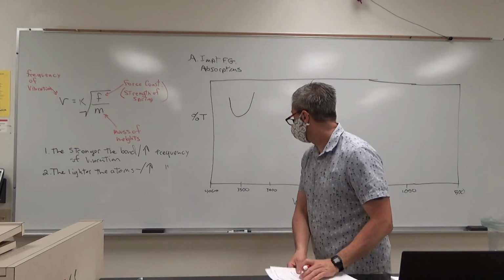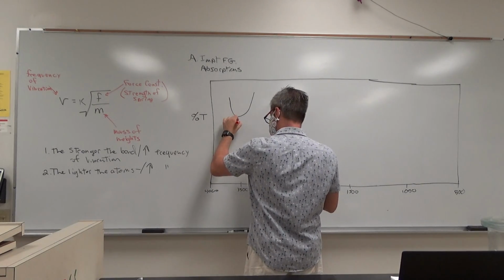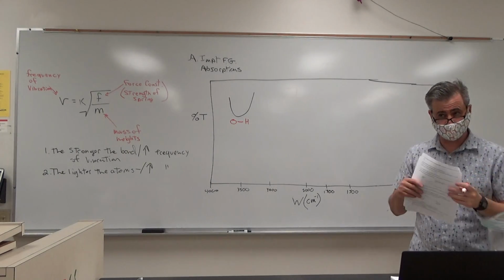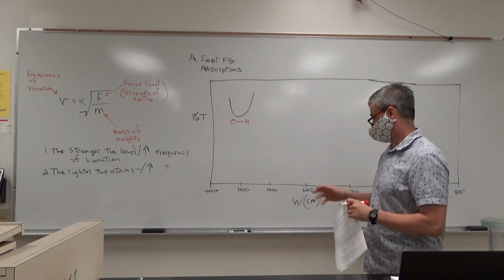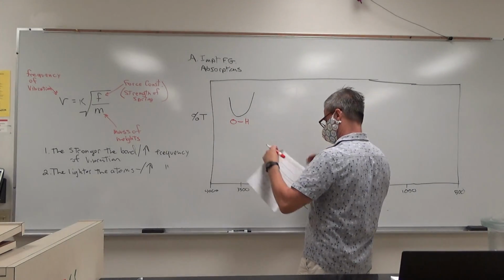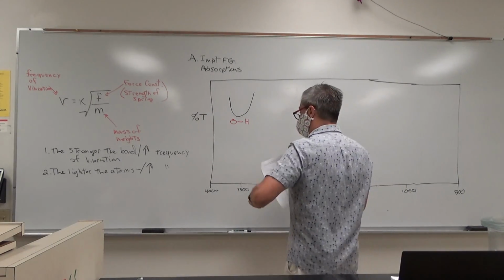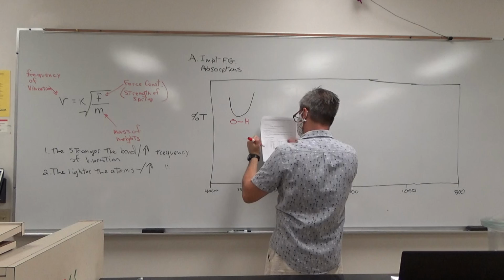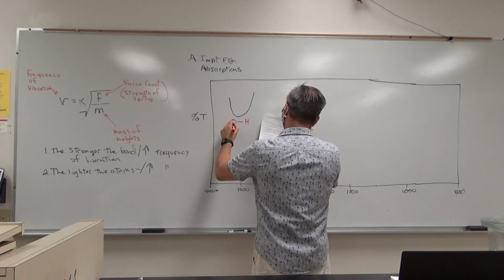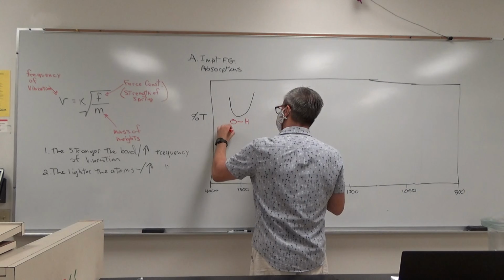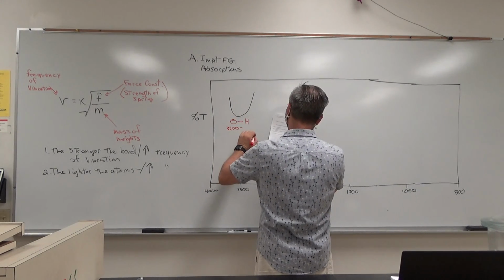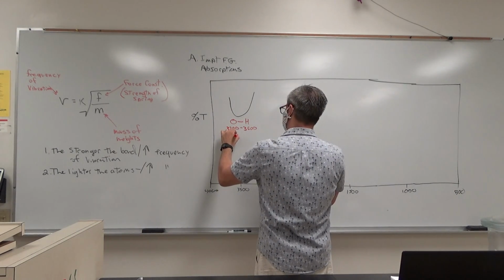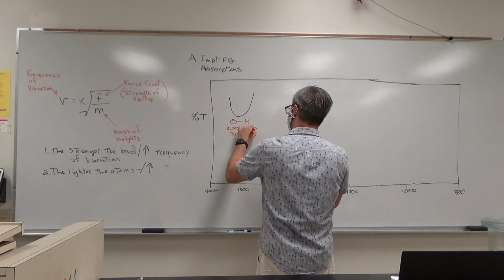And that is OH bonds. It could be an OH bond of an alcohol, it could be an OH bond of a carboxylic acid. Carboxylic acids tend to be really broad. All OHs tend to be a little bit broad. That's why I drew it kind of lighter. All right, and a good range to learn for OHs is 3,200 to 3,600. And it tends to be broad and strong.